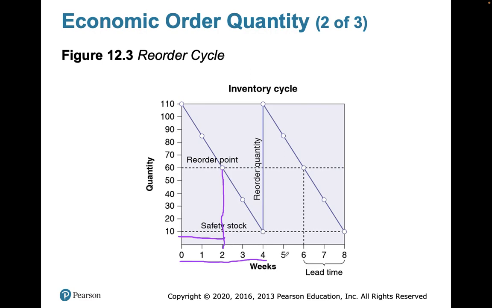Now let's look at another one like this. If your inventory cycle is 8 weeks, not 4 weeks, this is what you should do. At every 2 weeks you should order. But if it is 8 weeks, that means from point to point.